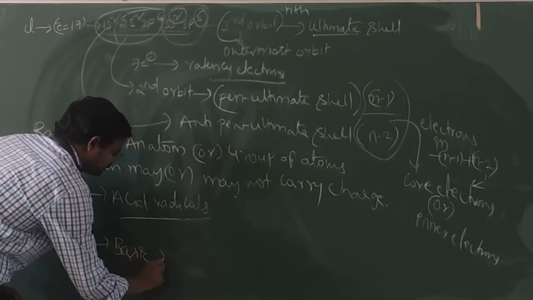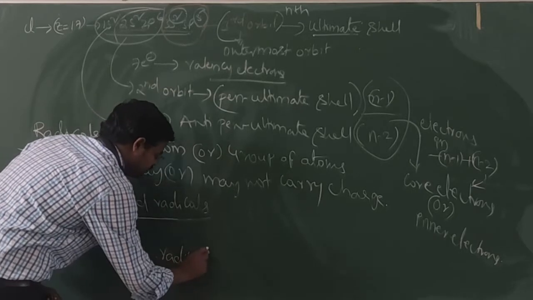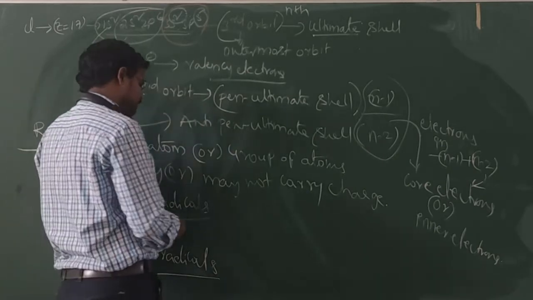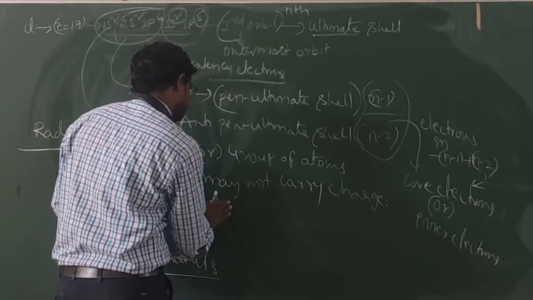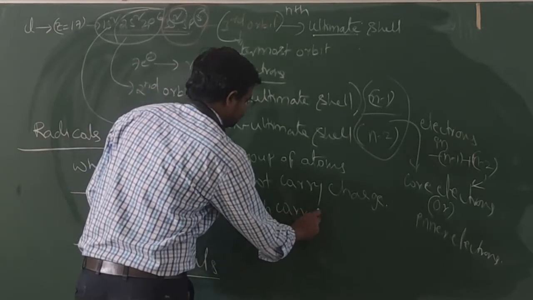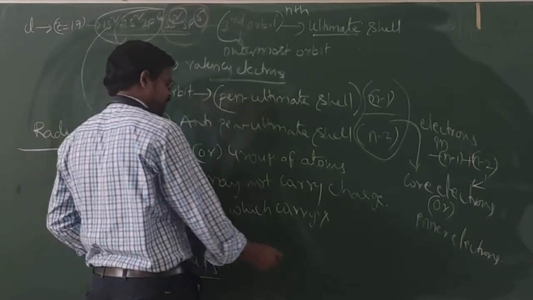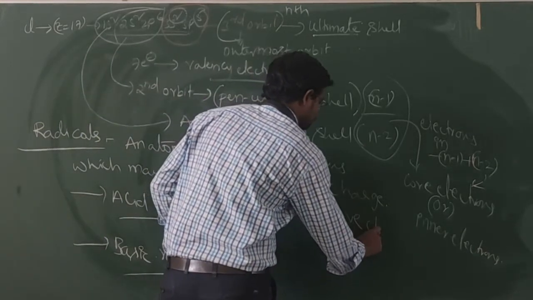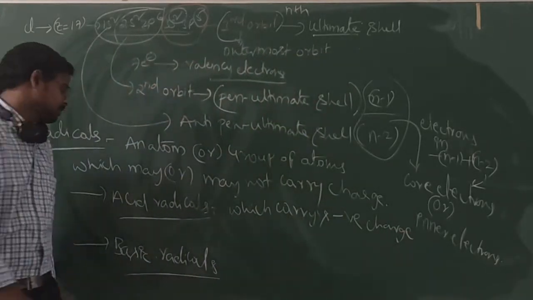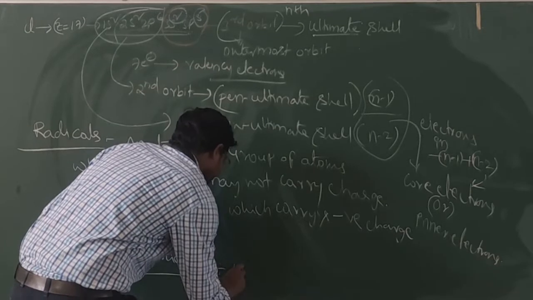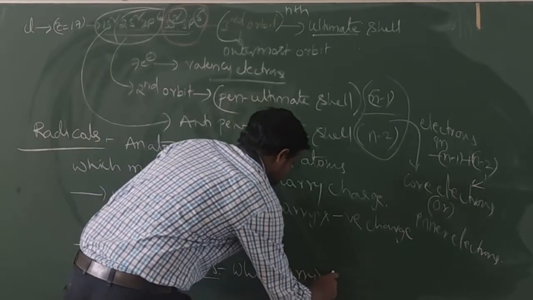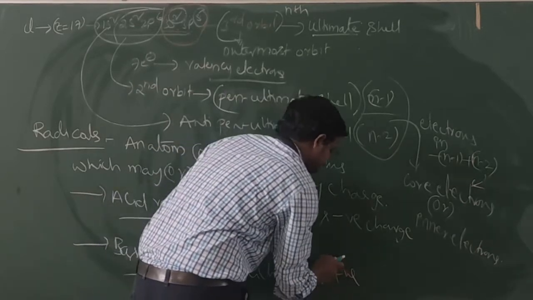Acid radicals means radicals which carry negative charge. Basic radicals means radicals which carry positive charge.